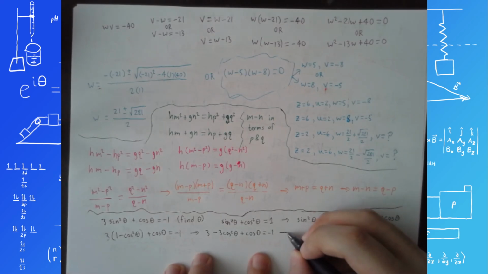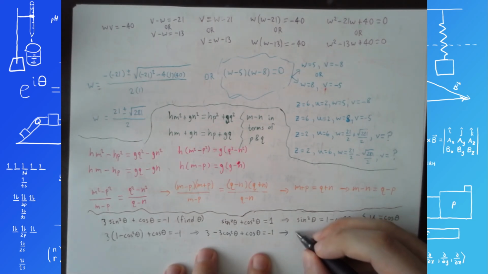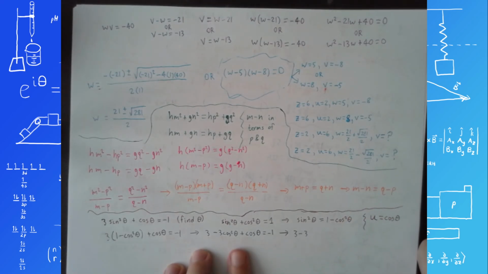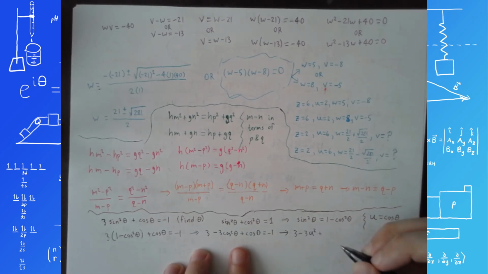So if I rewrite this now with cosine theta replaced by u, then what I get is 3 minus 3 cosine squared theta, that's just cosine of theta all squared, or in other words, u squared, plus cosine theta, which is just a direct substitution of u, equals -1.